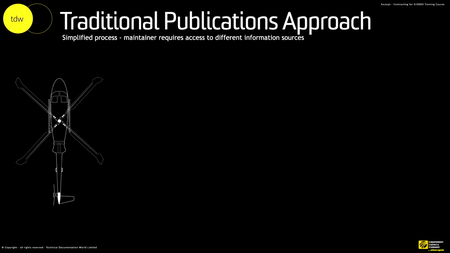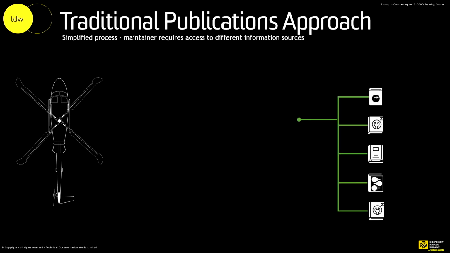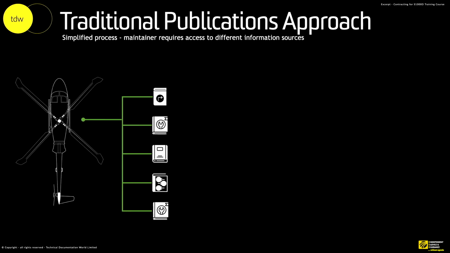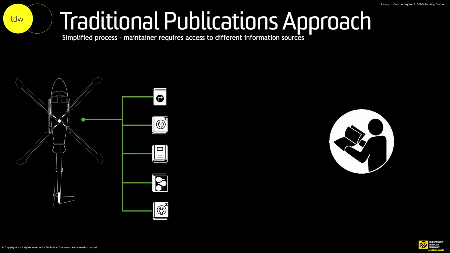So if we think about a platform, a modern platform that's supported with lots of different types of publications and data sets, we have the maintainer that needs to decide what they're going to do and how they're going to get the information from the support publications.